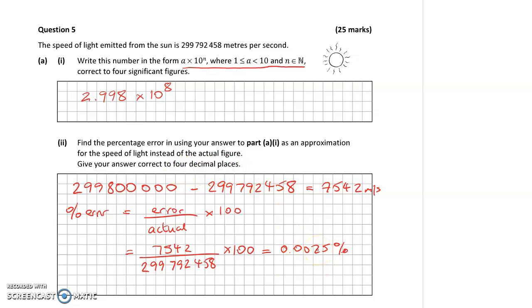It's actually 0.00251574, but we round it to 4 decimal places. So 0.0025%. Very, very small amount. It's so much smaller than even 1%.